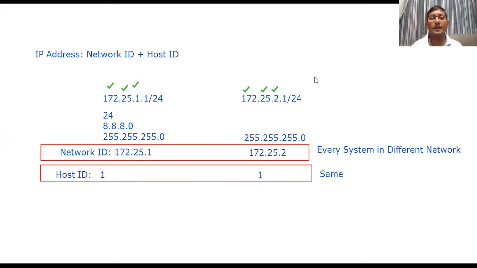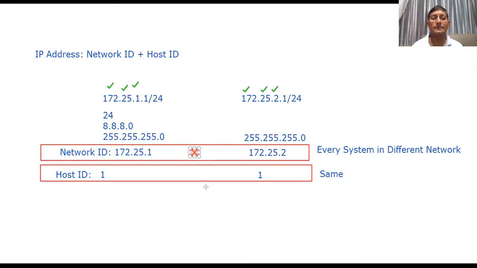Both are in different networks. If it is a different network, are they able to communicate? They can't communicate. But if you want to allow communication here, you must have a router, with a router symbol like this.